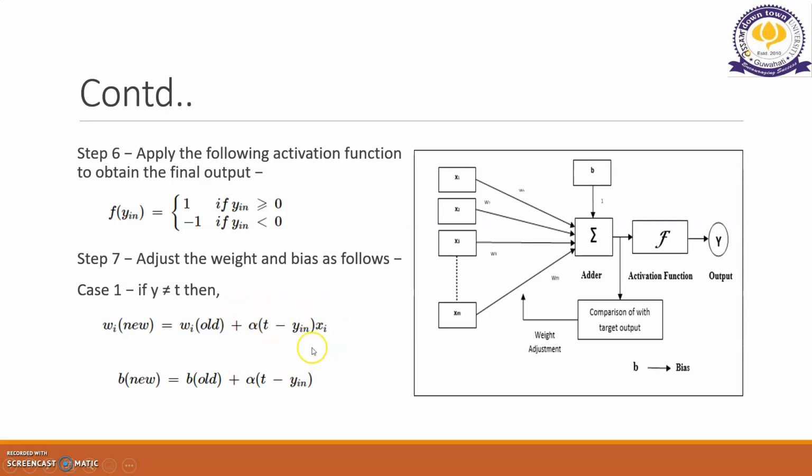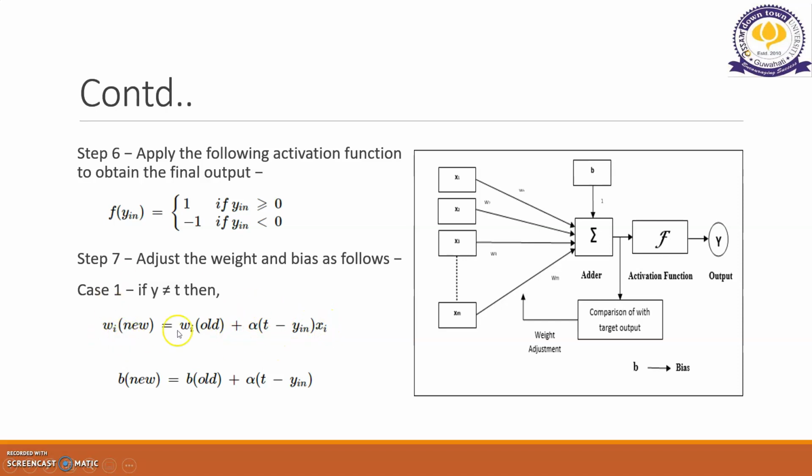The new weight will be the old weight plus this term. Just observe this term carefully. Alpha is your learning rate, and here t minus yin is your error. Error means your target minus your calculated output, multiplied by your input values.